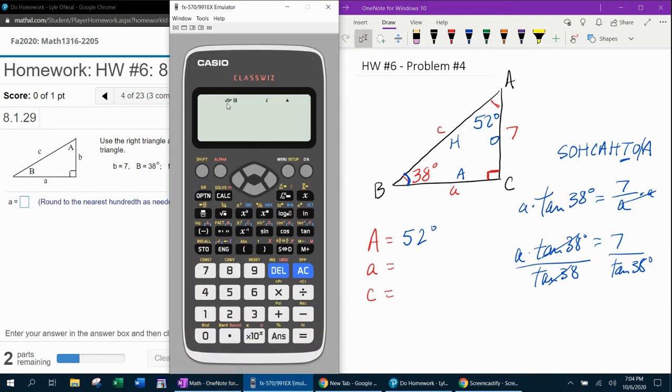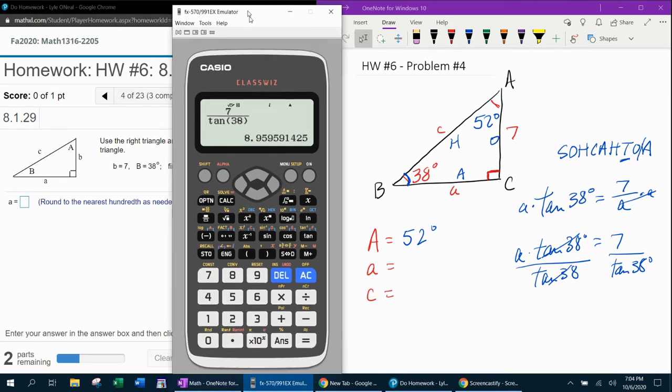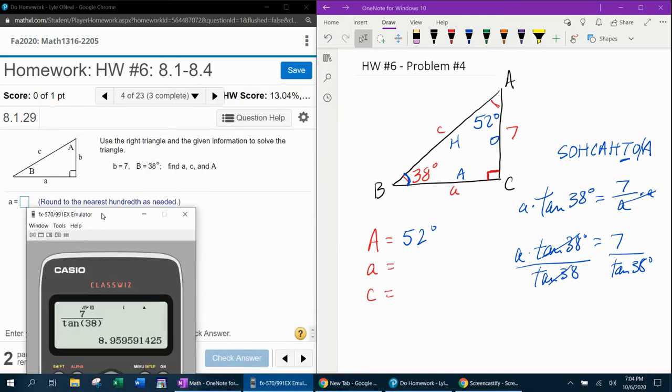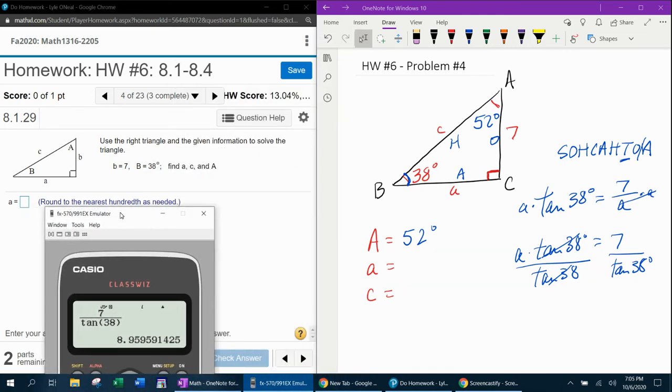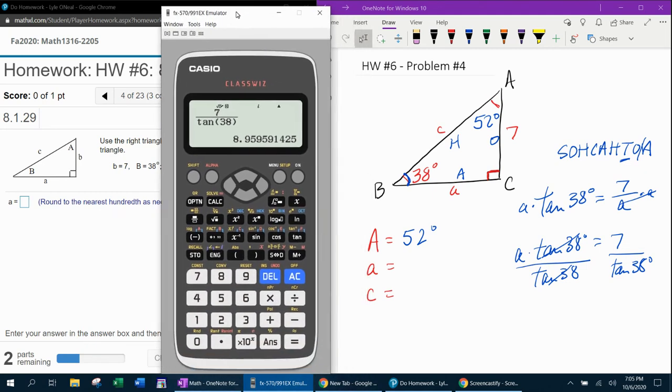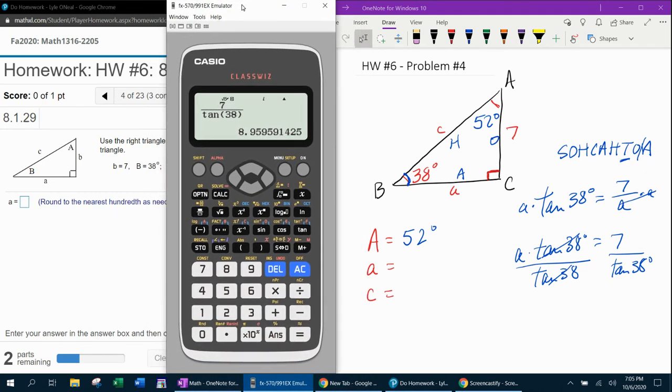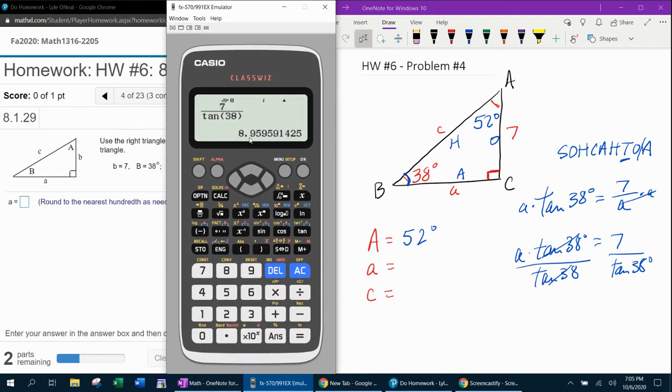Making sure we're in degree mode, we need to do 7 over tangent 38. And that's going to give me a decimal. It says round to the nearest hundredth. So that would be 8.96 rounded.